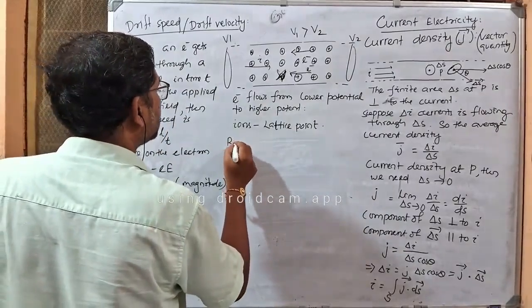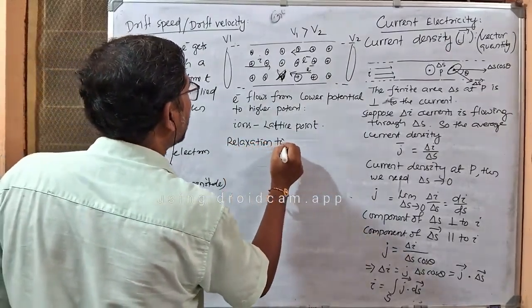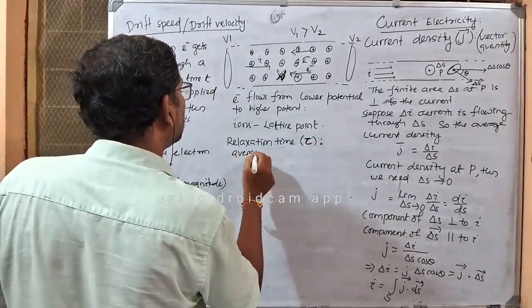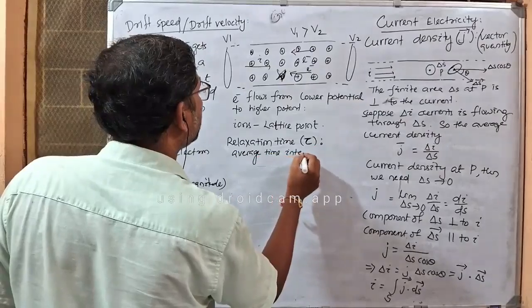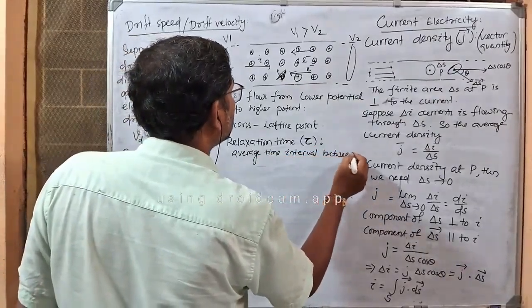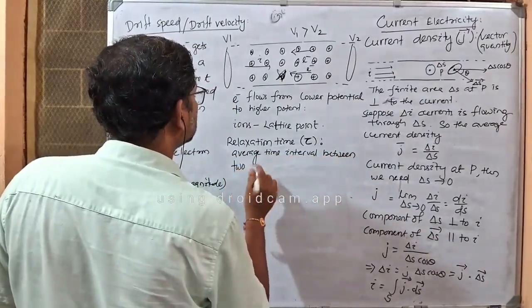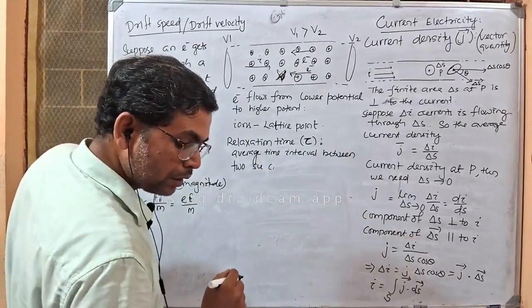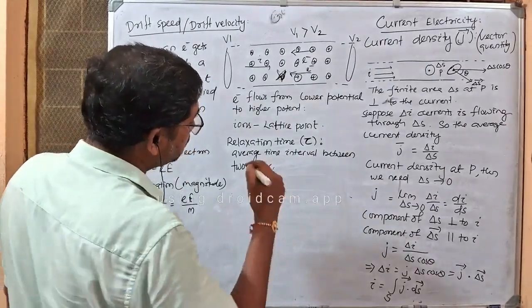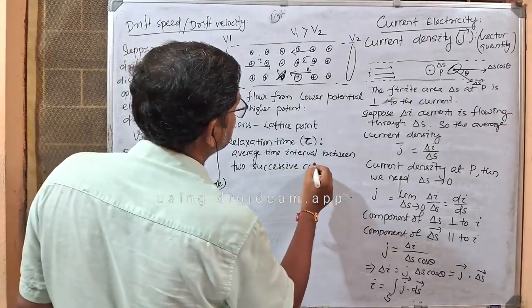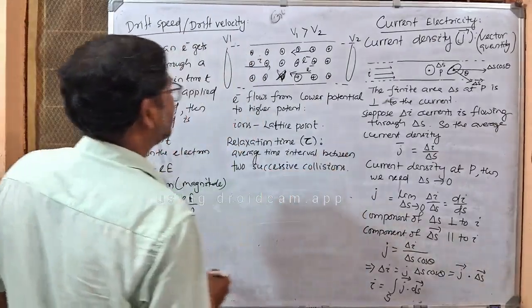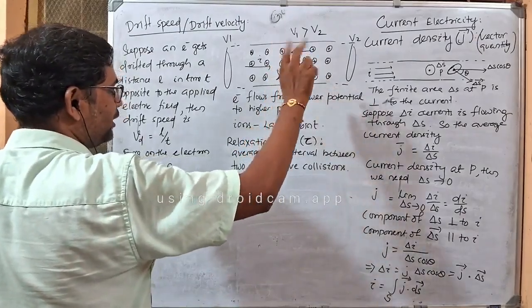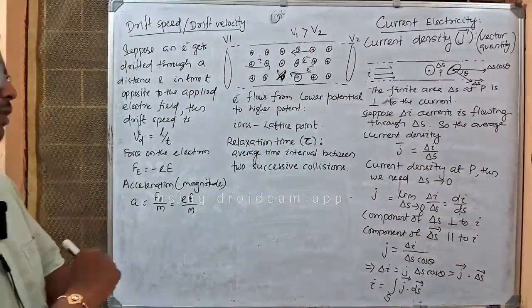I use tau for it. It is the average time interval between two successive collisions.